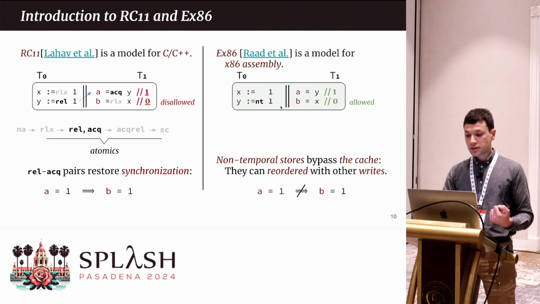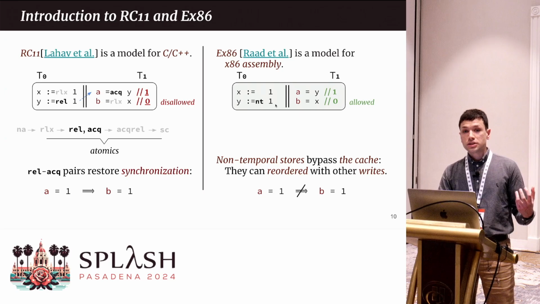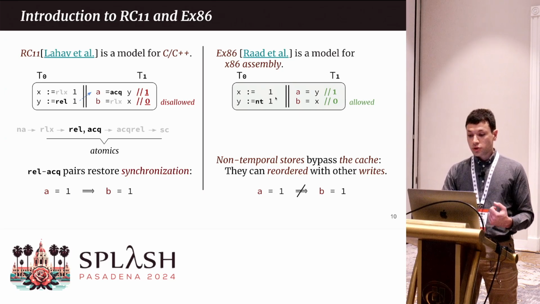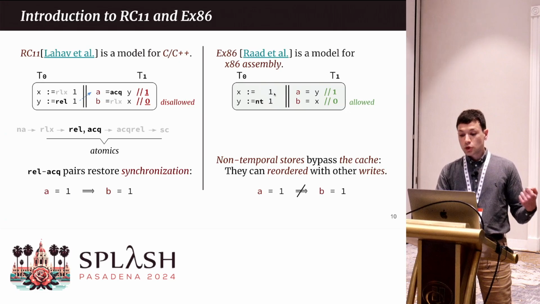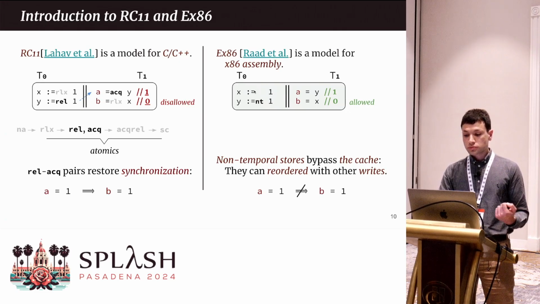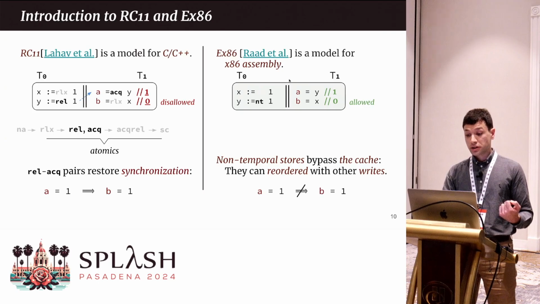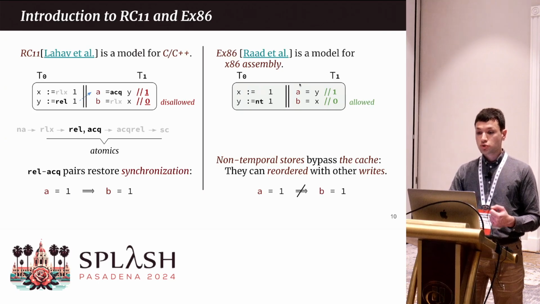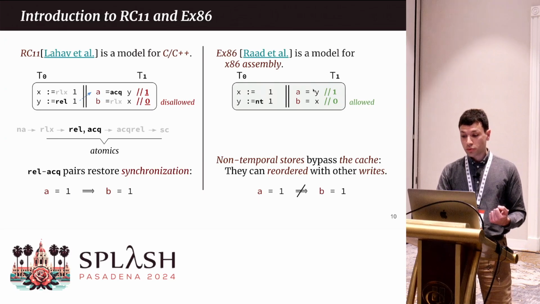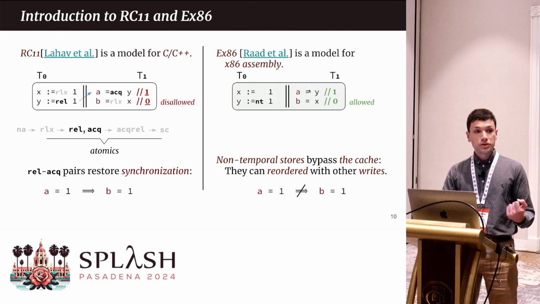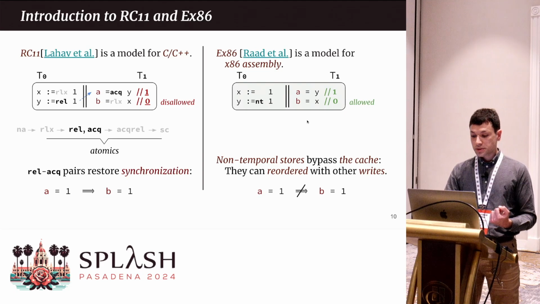And the reason is that a non-temporal store, again, is a store that bypasses the cache. So it could be the case that X goes to T0's local buffer, and Y goes directly to memory. So T1 would read the value 1 from Y in memory, but would not read the update to X.